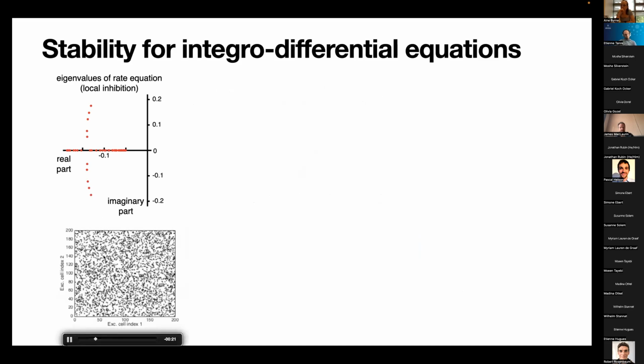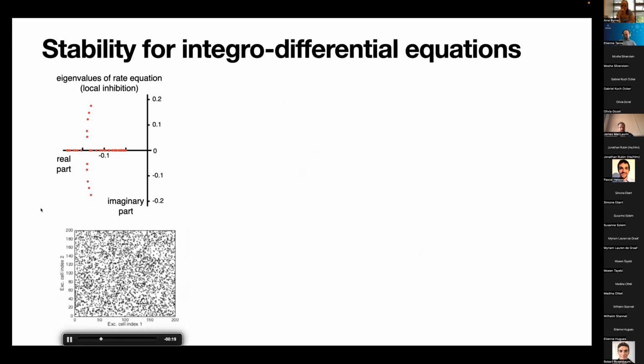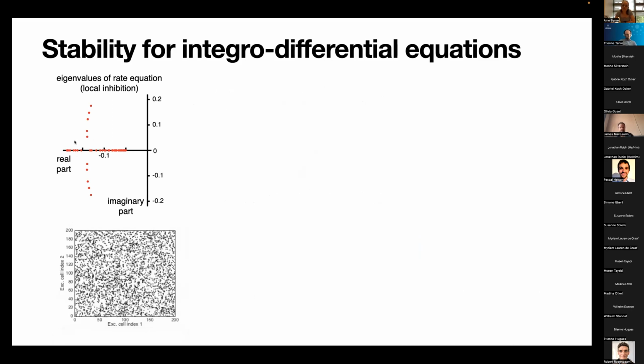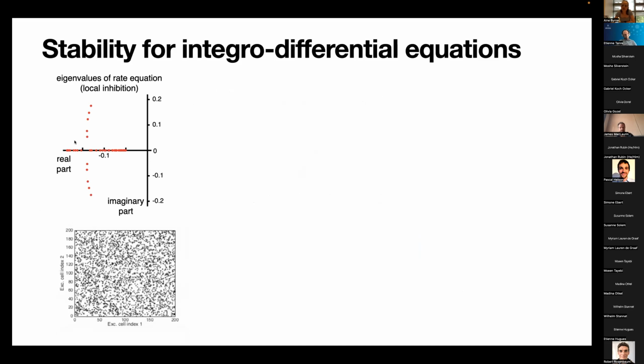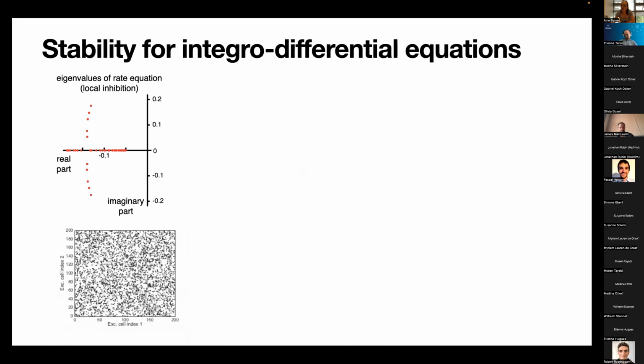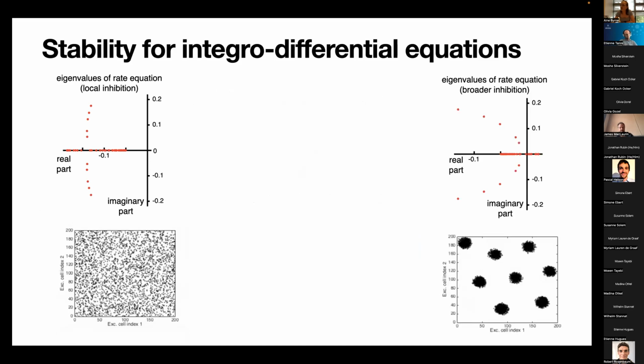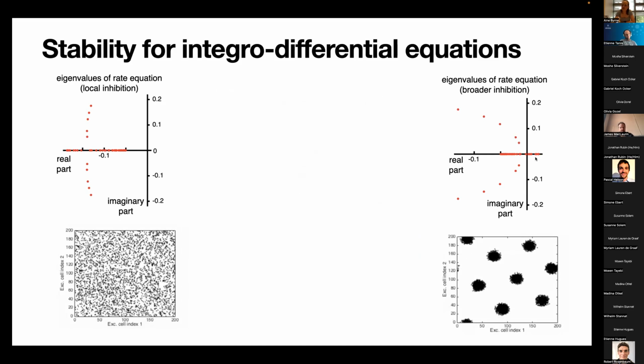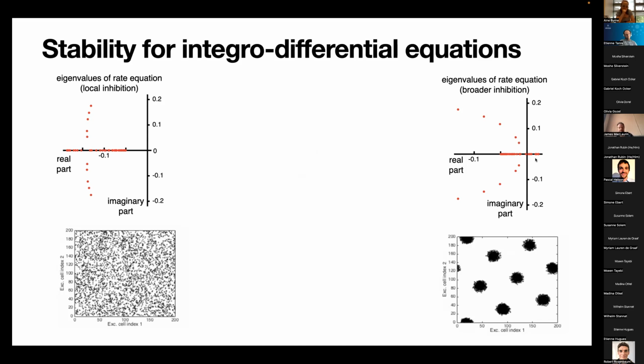So in this case where we saw stability of the homogeneous fixed point, indeed we see eigenvalues with purely negative real part. So things seem to work well. If we go all the way to this case where we get these sort of quenched patterns, we see eigenvalues arise with positive real part and zero imaginary part.